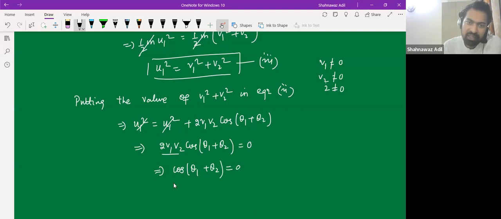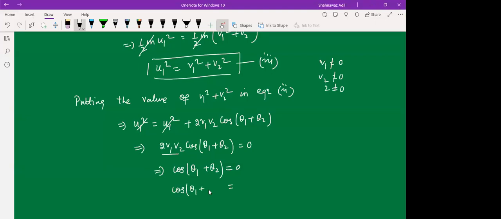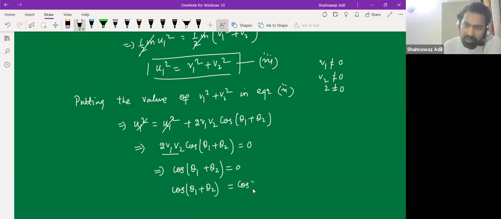At what angle is cos 0? At 90. So I can write 0 as cos 90, cos cancels, and theta 1 plus theta 2 is 90. This is what we needed to prove.